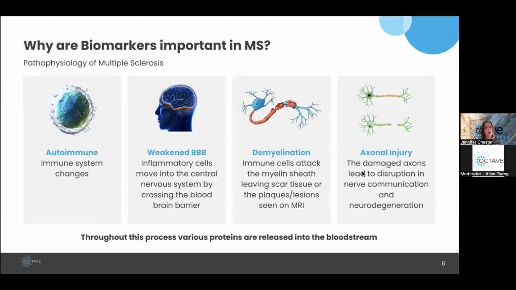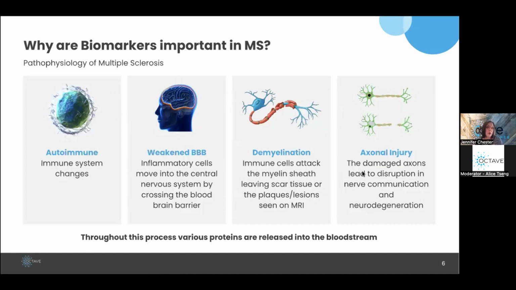So, getting more in depth about biomarkers and how they're important to MS, we're going to speak a little bit to the pathophysiology of multiple sclerosis. I really want you to focus in on these four pathways. We have autoimmune changes. So, we know that MS is an autoimmune disorder. Something's going haywire with the immune system that causes it to attack the person, right?